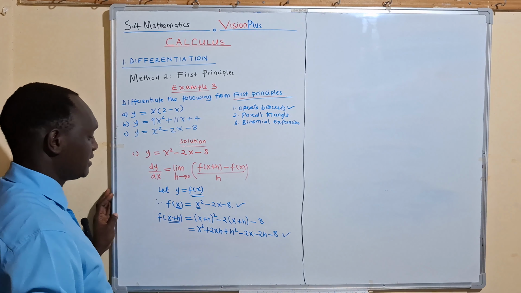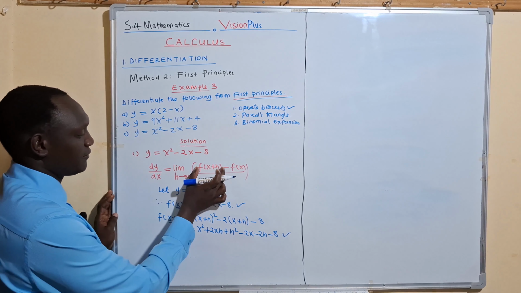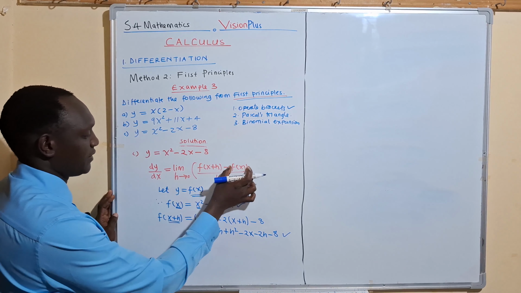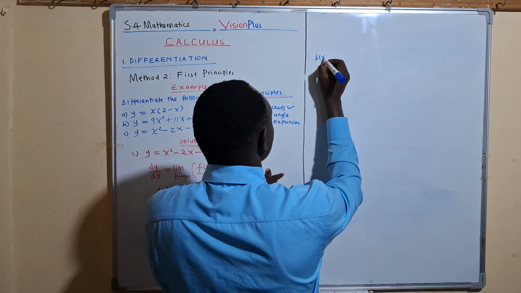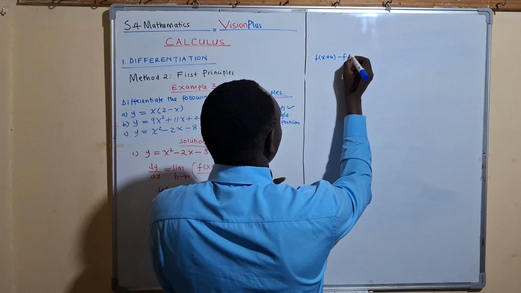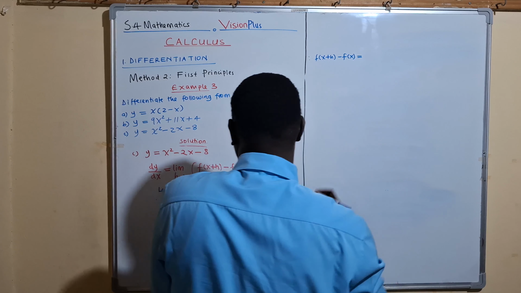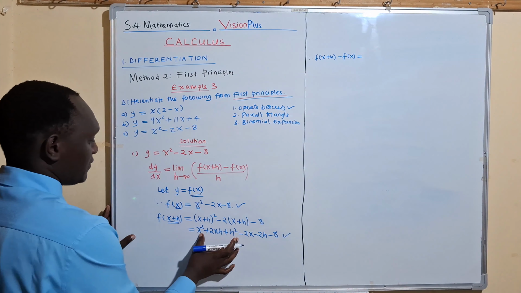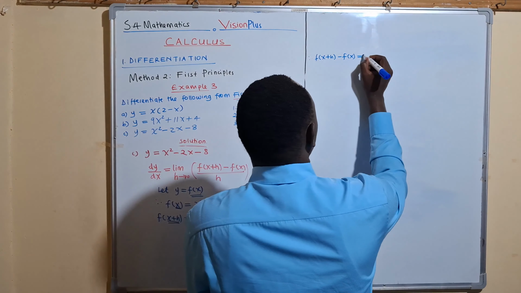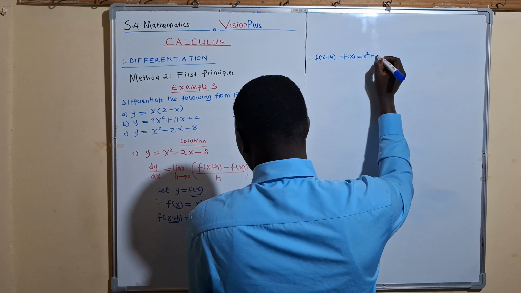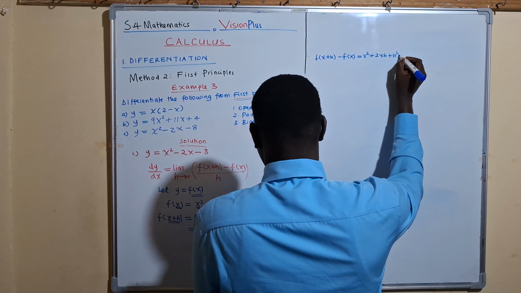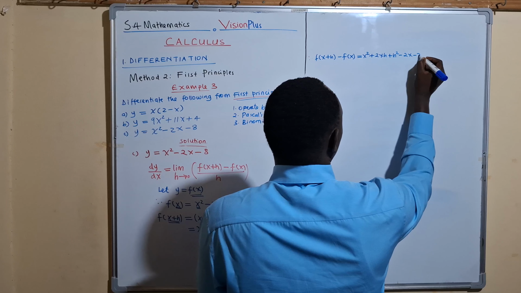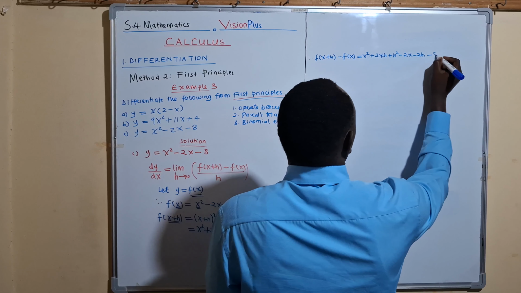So the formula says that we need to find f of x plus h minus f of x. That means this minus that. So therefore we need to find f of x plus h minus f of x equals, now this is f of x plus h, which is x squared plus 2xh plus h squared minus 2x minus 2h minus 8.